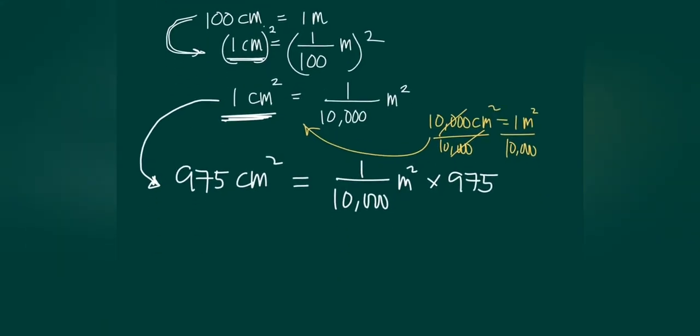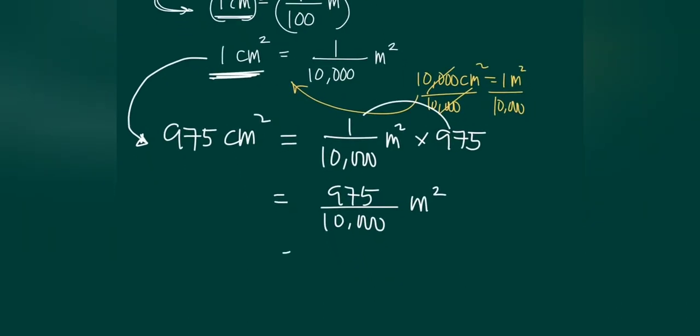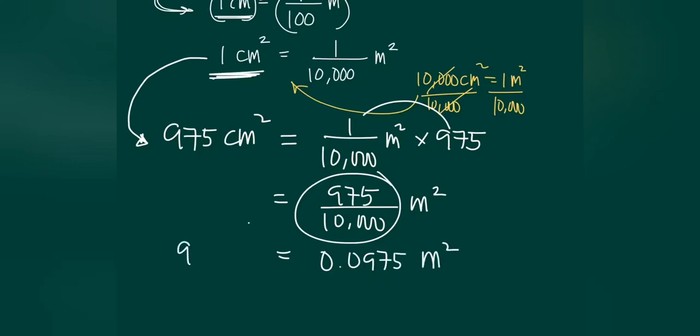Make sure you multiply properly. 1 times 975 is 975 over 10,000 m squared. Then you can divide this with your calculator, and this will become 0.0975 m squared. So 975 cm squared is equivalent to 0.0975 m squared.